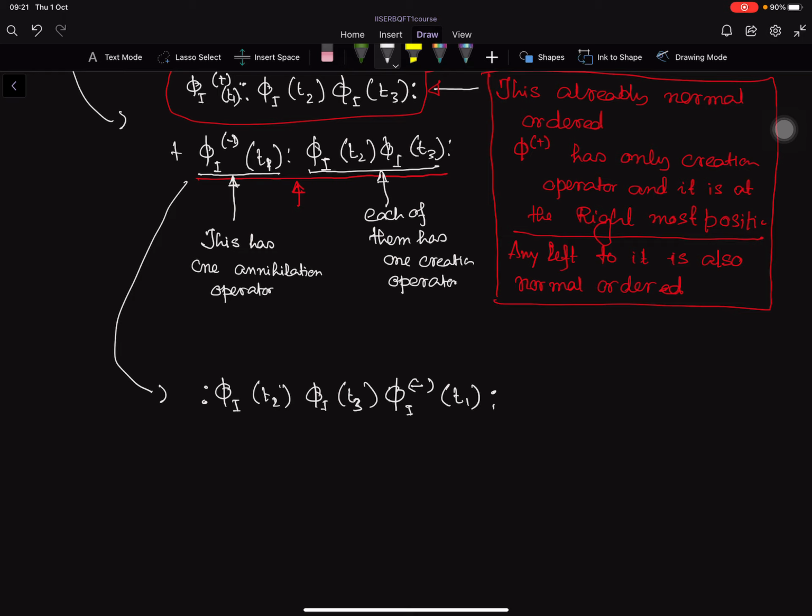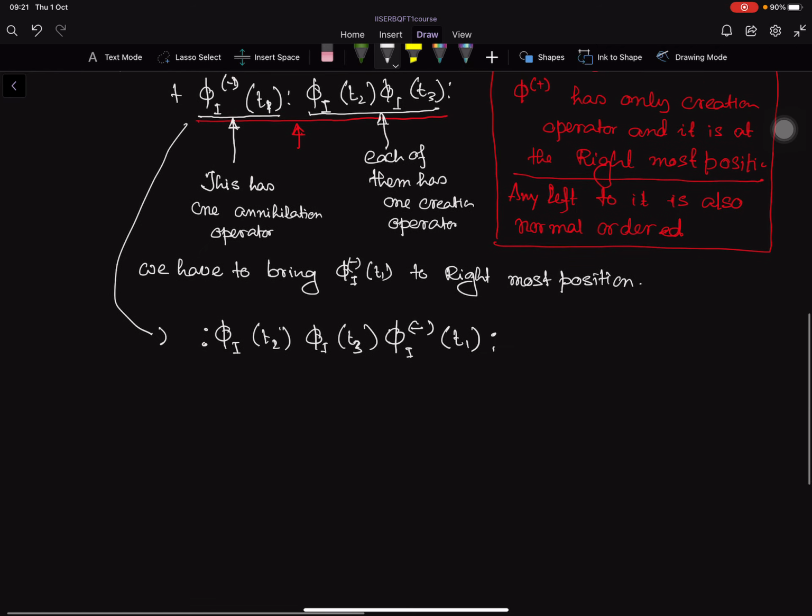We have to bring it to the rightmost position. So how do we do that? We write this quantity in terms of commutators. So we write it as t1 commutator, plus phi I t2 phi minus t1 commutator phi I, plus phi I.